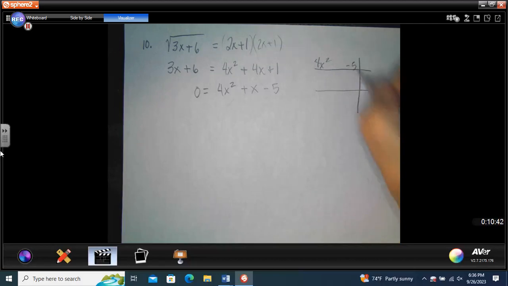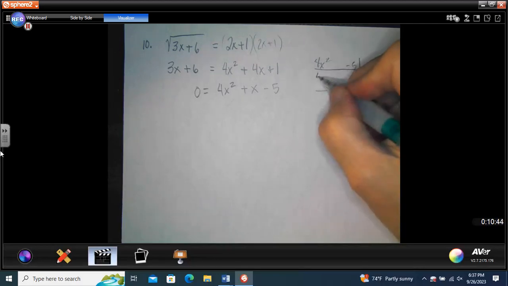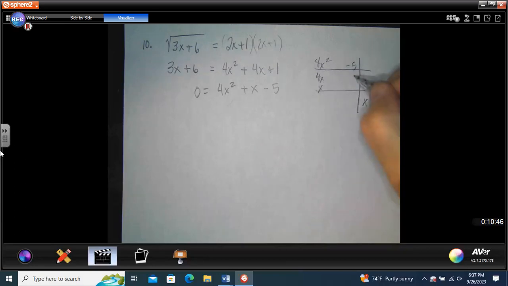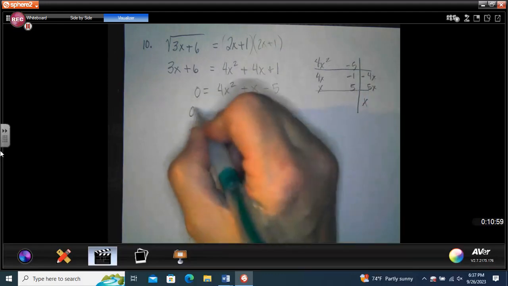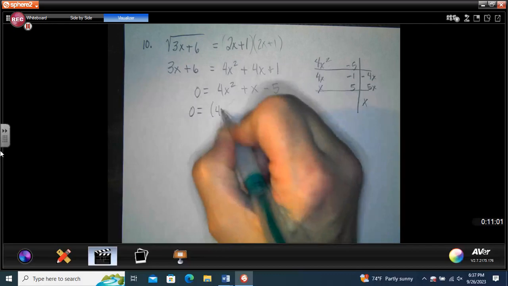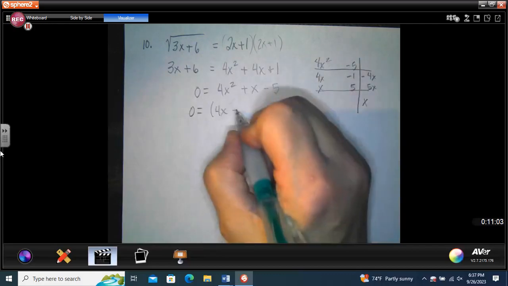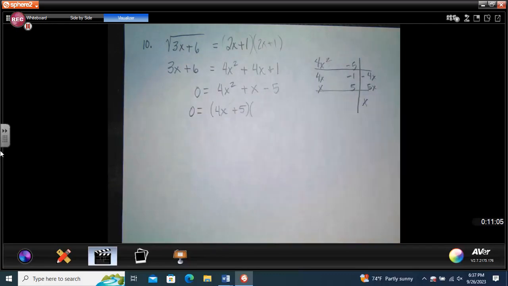Negative 5x, it's going to be 4x and x, and I need the 1 here and the 5 here, so 4x and 5x, and I need the 4 negative, right? So that gives me 0 equals 4x plus 5 and x minus 1.